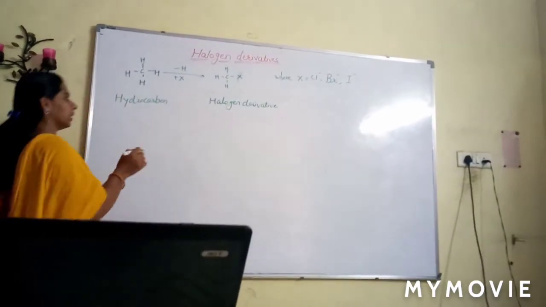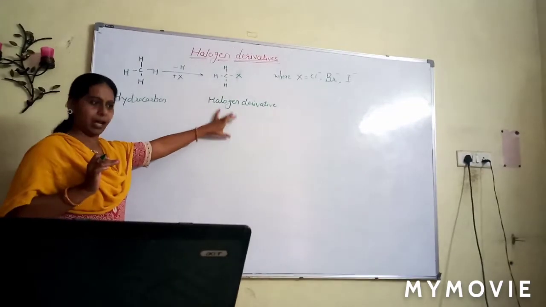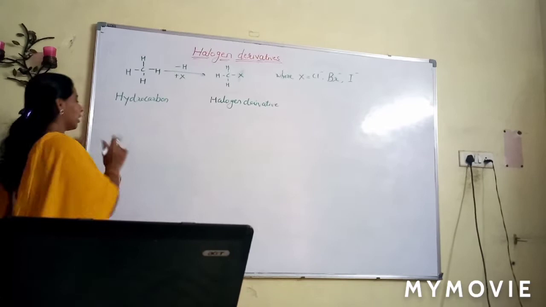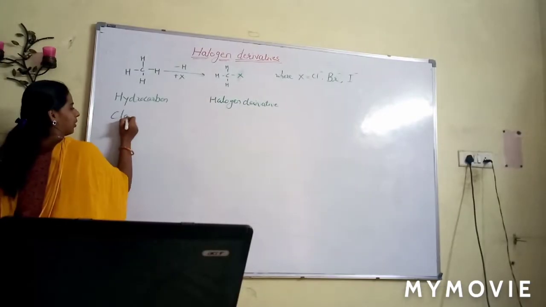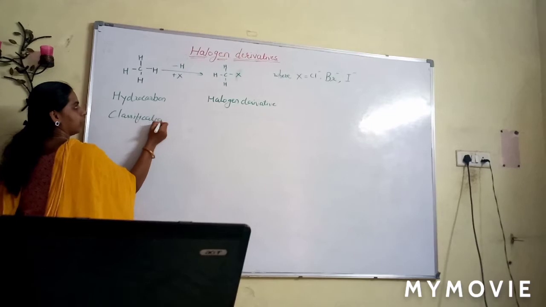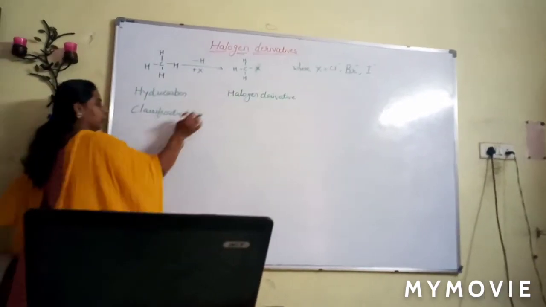Now we'll see how halogen derivatives are formed from hydrocarbon. Now we'll see the classification of halogen derivative. Halogen derivatives are classified in two ways.